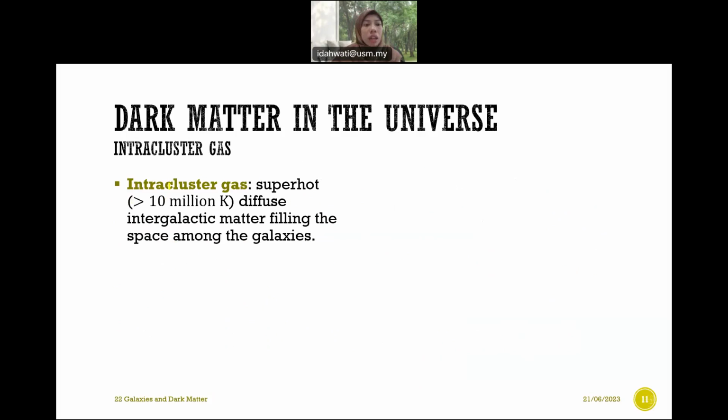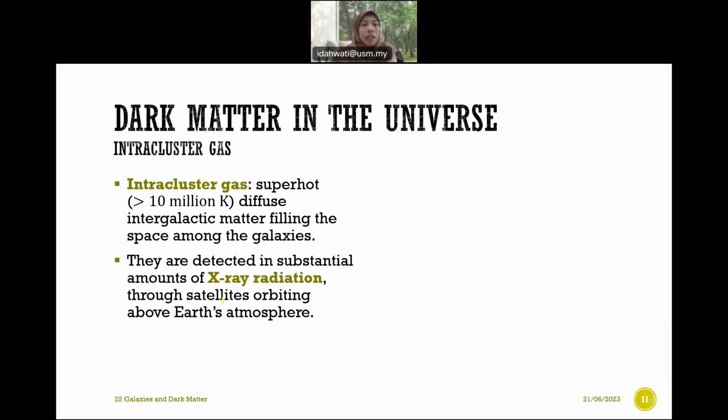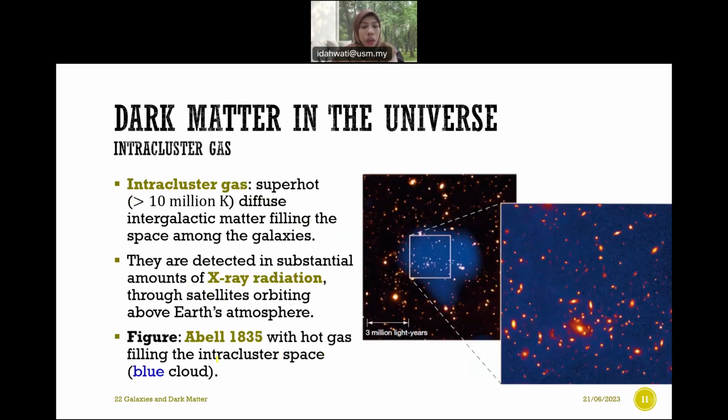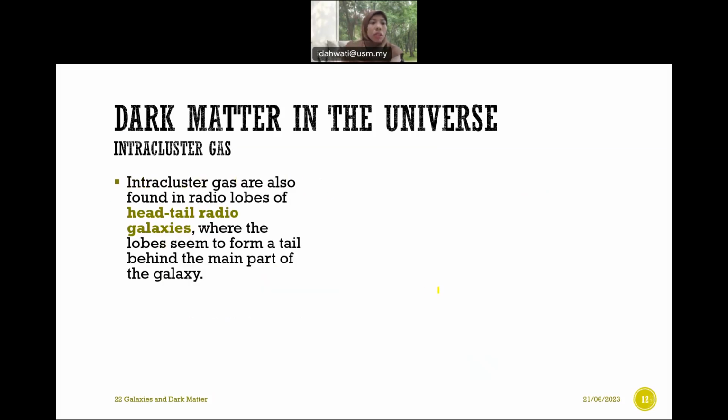And we have the intracluster gas, a super hot diffuse intergalactic matter filling the space among the galaxies, detected through a substantial amount of X-ray radiation. For example, here we have Abell 1835 with hot gas filling the intracluster space, in the blue cloud here. If we zoom in on this part, we can see the details of the blue cloud. It has also been found in the radio lobes of head-tail radio galaxies.